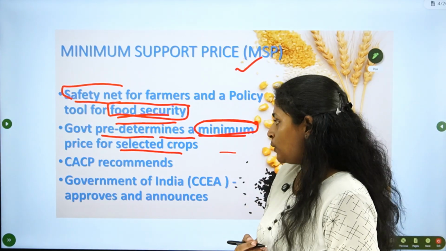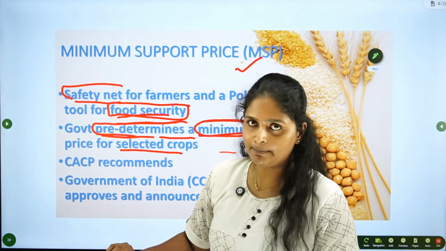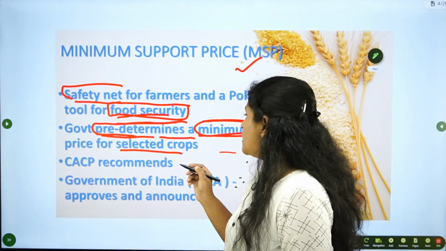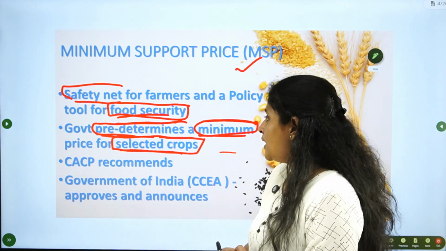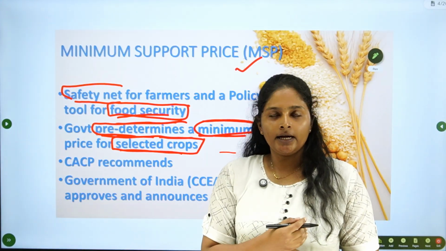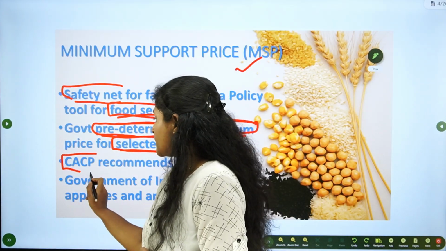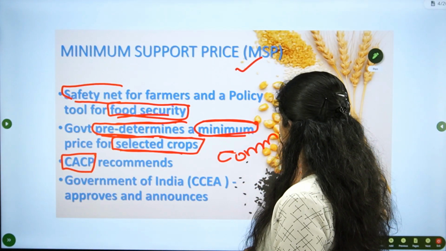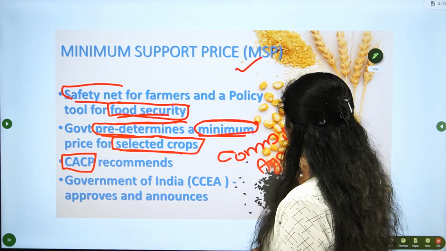Got it? Now, who determines this MSP? Obviously, that will be the government. But in the government, who determines this MSP? And which are the selected crops? That we need to look into. Now, the MSP is recommended by an authority called CACP or Commission on Agriculture Costs and Prices.